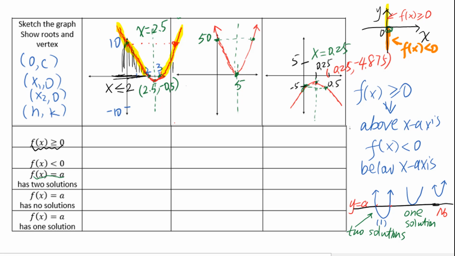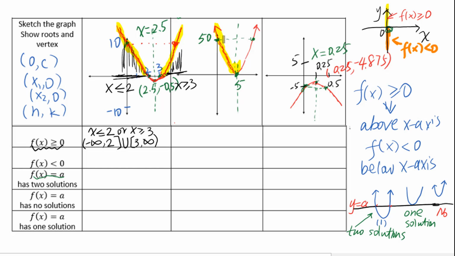Over here, this is x greater than or equal to 3. So let's write down x less than or equal to 2 or x greater than or equal to 3. We can use negative infinity to 2, union set from 3 to positive infinity.